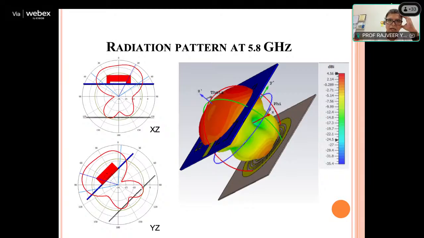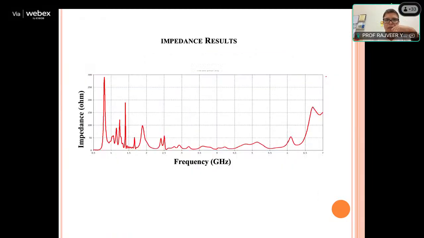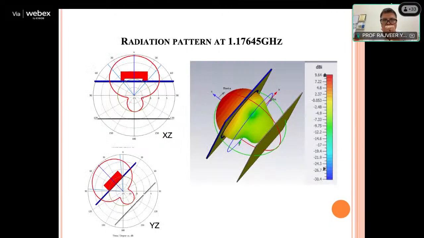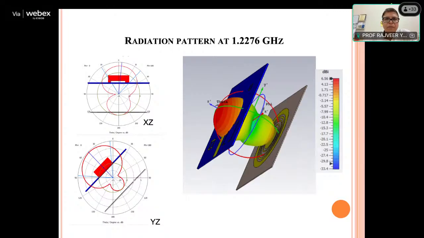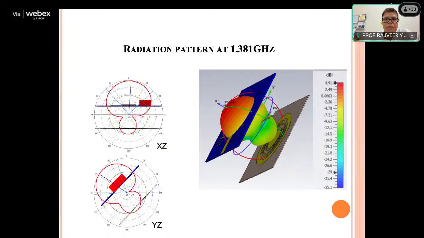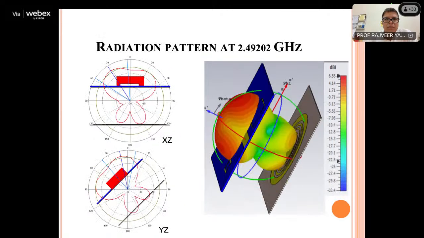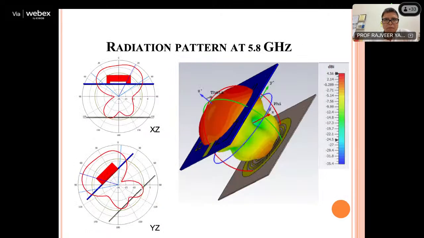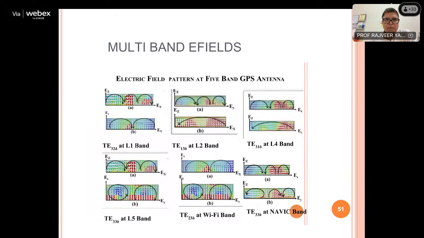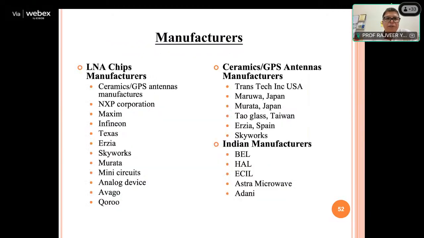This is at Wi-Fi frequency 5.8. This is at L5 band. These are the same fields.